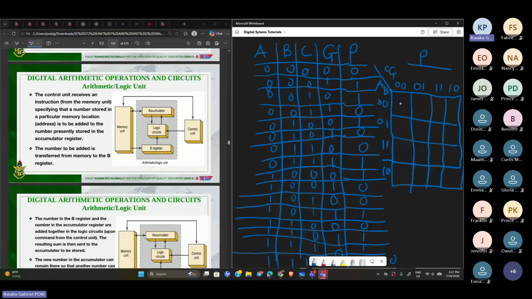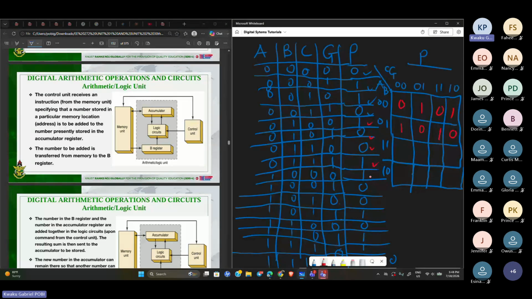So what this means is, let's look at this output that we are getting. The first 4 is 0, 0, 1, 1, 0. Let me change to red. So let's fill 0, 1, 1, and then 0. The next 4 is 1, 0, 0, 1, like this.